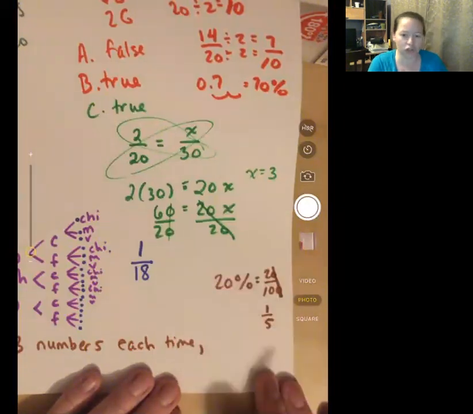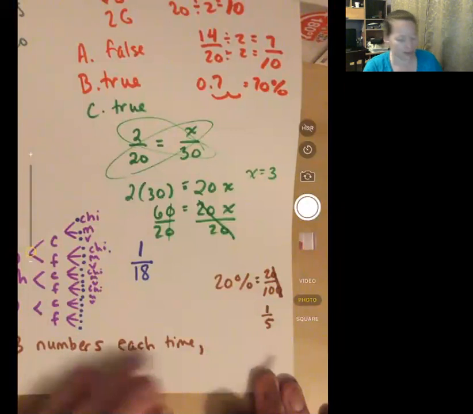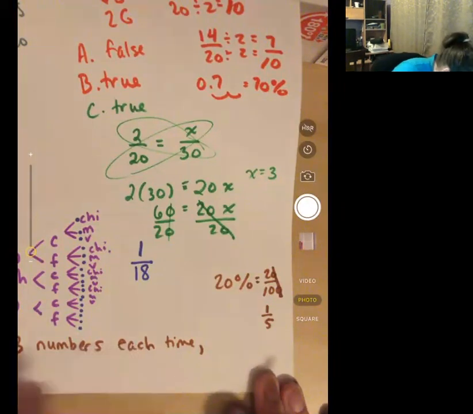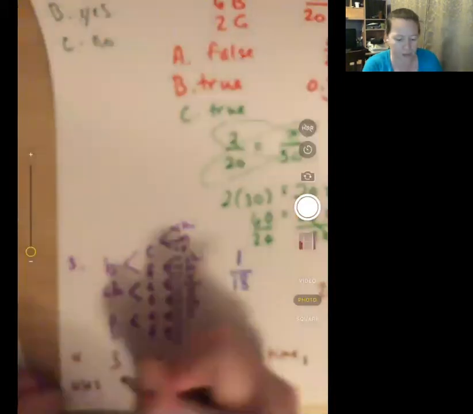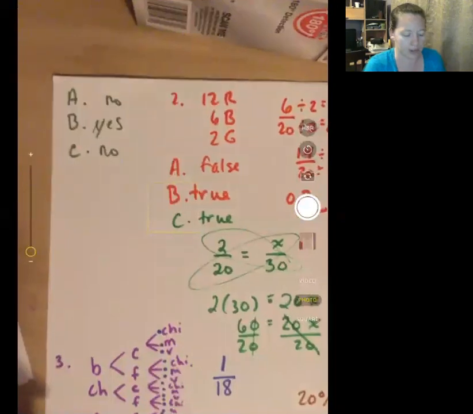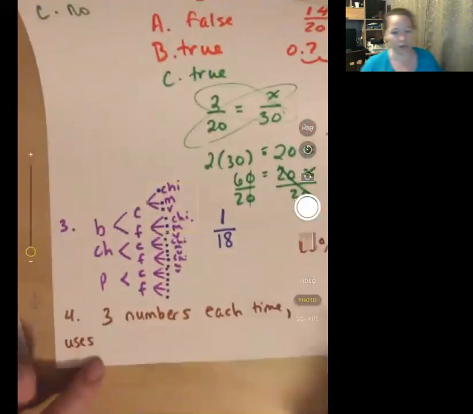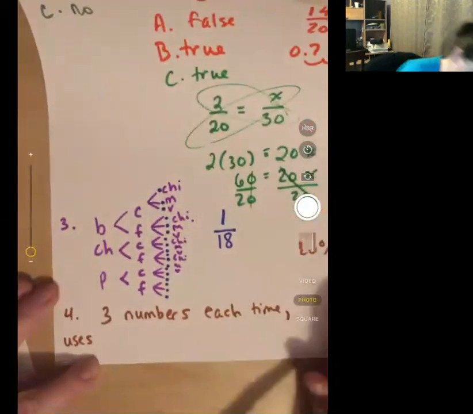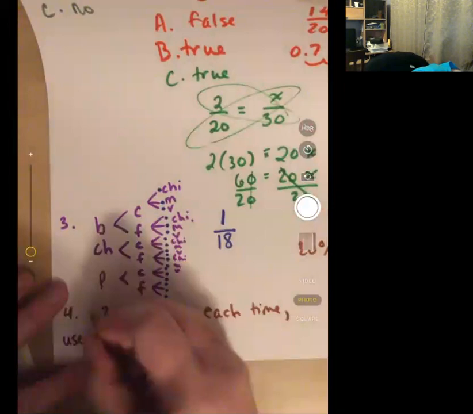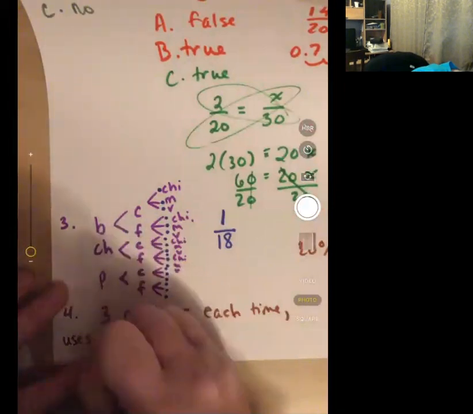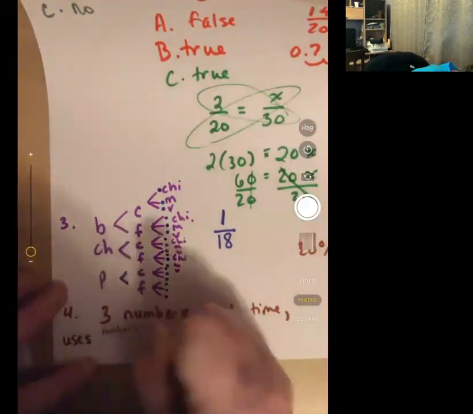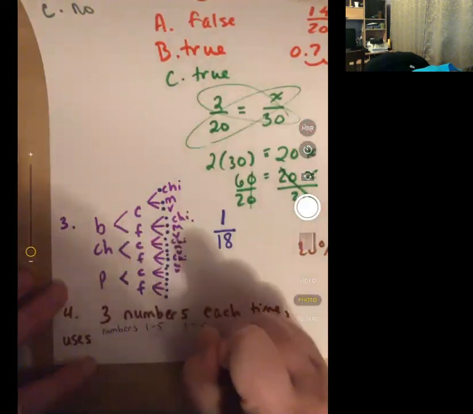You can either use numbers 1 through 5. I'm going to write this with a pen instead of a marker so that I have enough space for it. Okay, so 3 numbers each time uses numbers 1 through 5, 1 equals rain.